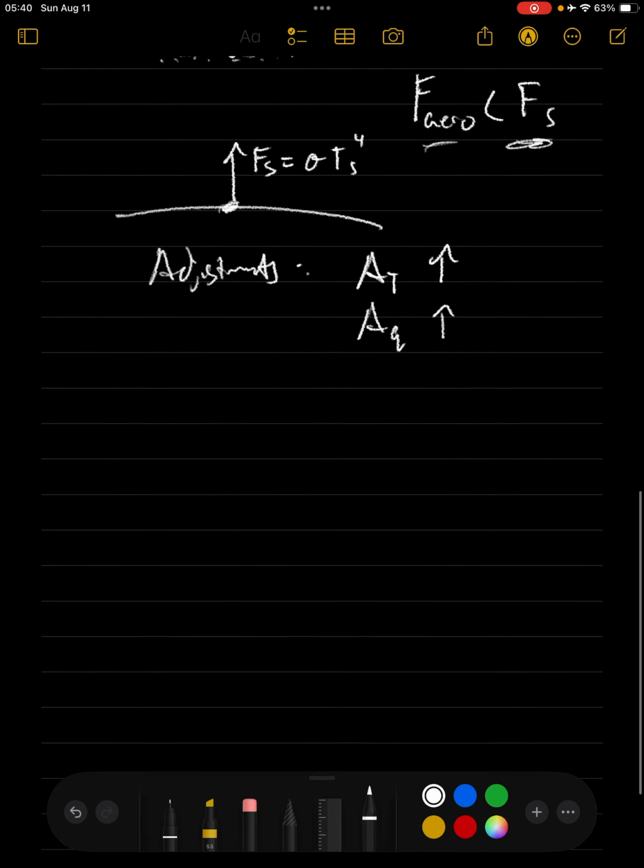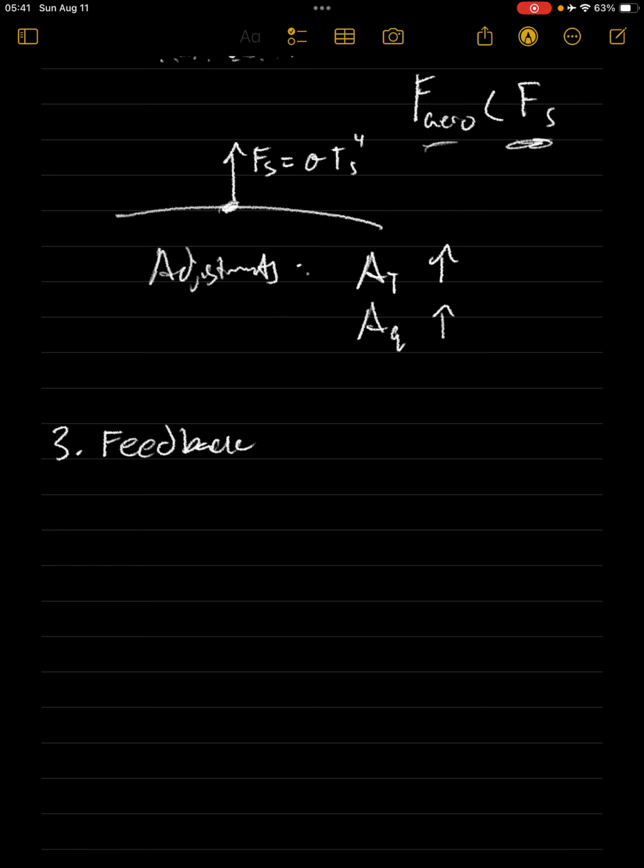So let's look at feedback now. The feedback is a natural process that increases or decreases the forcing, the climate forcing, or the initial perturbation within the system.